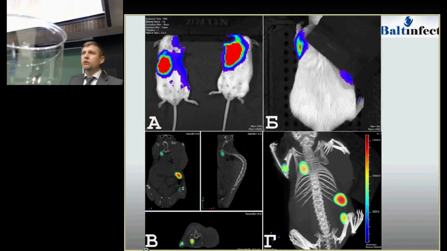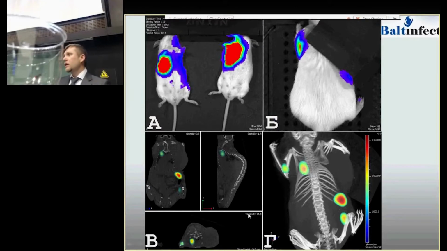And it's rather difficult to detect metastasis if you have a bioluminescent primary focus. It looks like we can't see stars in the day because of the sun. So the idea was to screen the primary focus or to delete it, to remove it. And after that we could use high exposure and we could detect metastasis.